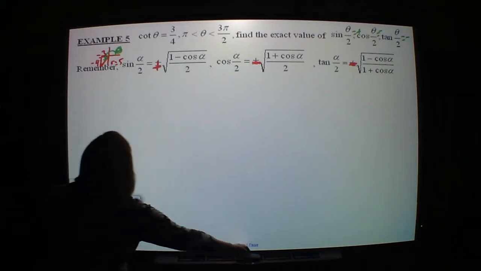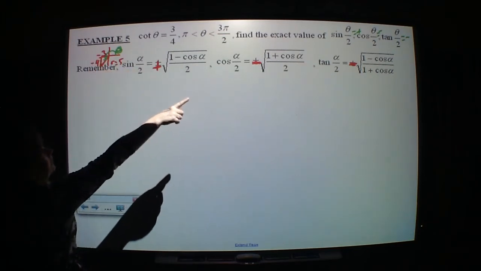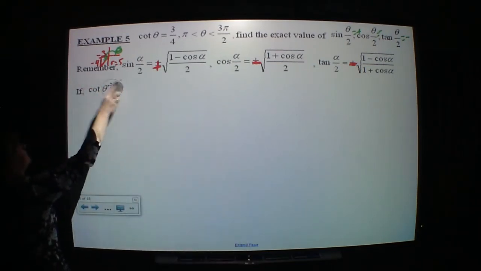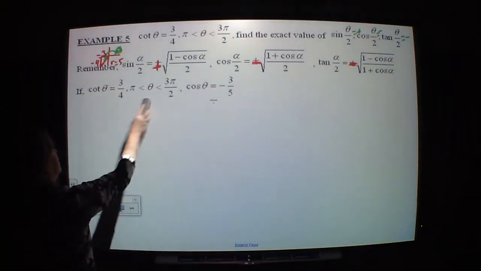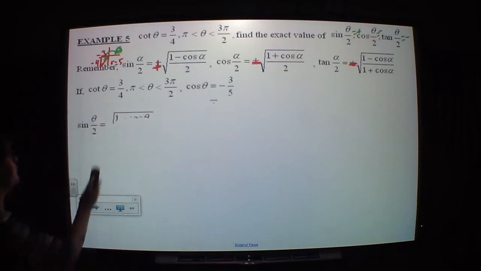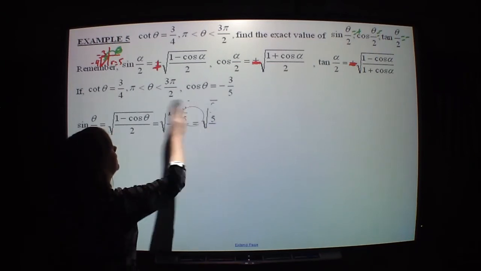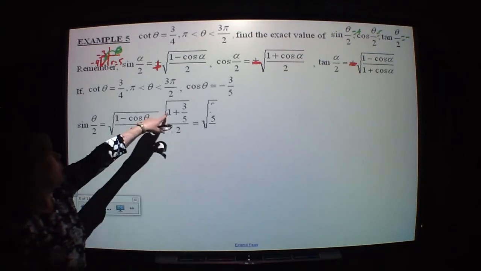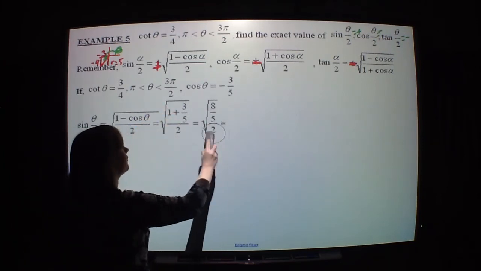Now all you're really doing is plugging in. Because you know cosine is negative 3 over 5. Yeah, that's all you need, cosine. Cosine is negative 3 over 5 through my picture. So the sine of theta over 2, there's my formula. So I have 1 minus a negative 3 over 5, which becomes positive. 1 I can write as 5 over 5, so 5 over 5 plus 3 over 5 is 8 over 5 over 2.